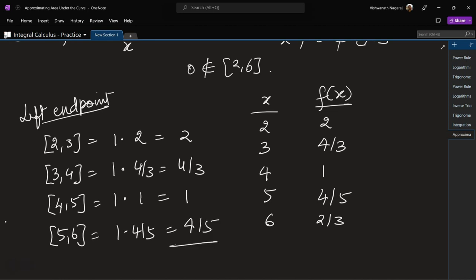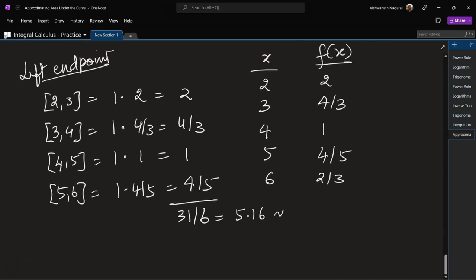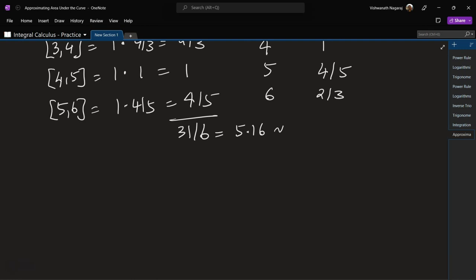And if we add it all up, what do we get? We get 31 by 6, which is equal to 5.16. Okay, so approximately this is what the value is of the area using the left endpoint method.